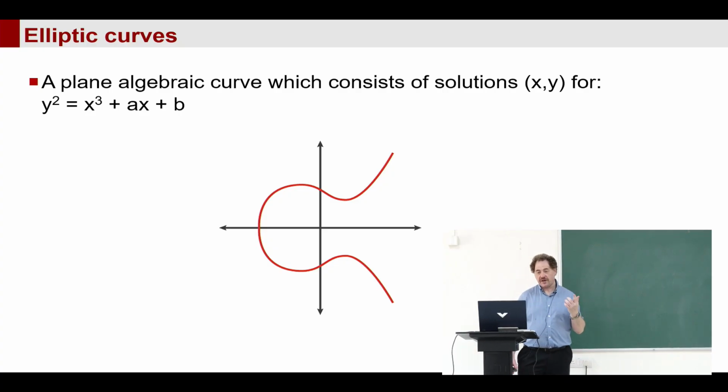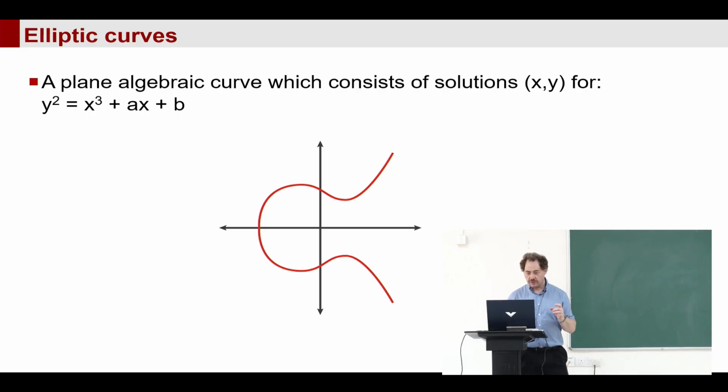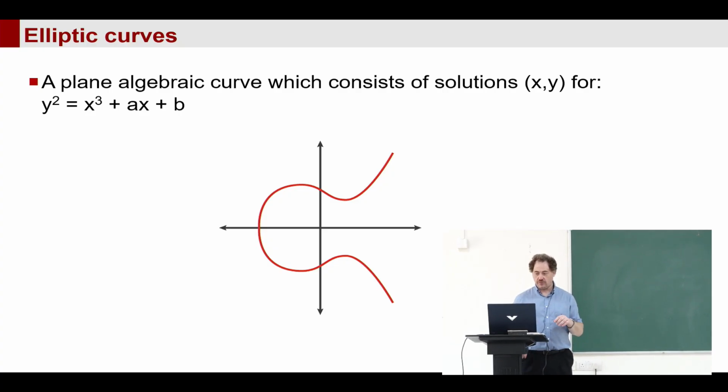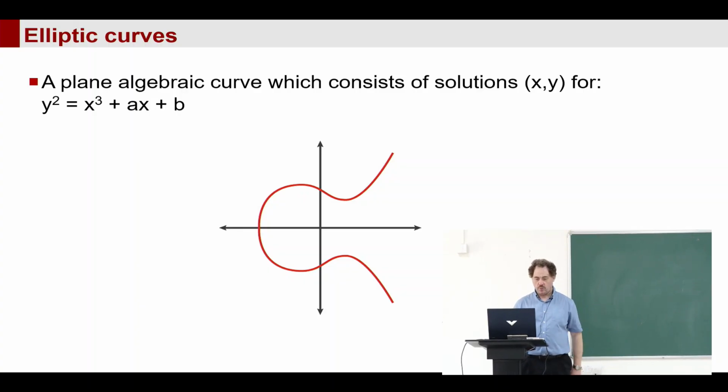It's an algebraic curve which consists of all solutions, x and y the coordinates, for the points on the curve in which y squared is equal to x to the third plus ax plus b, where a and b are coefficients.